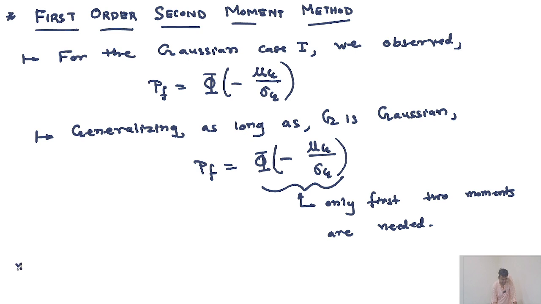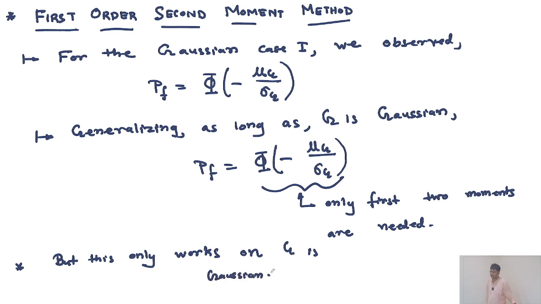But this only works when G is Gaussian. This only works when G is Gaussian. For a generic real world problem, my limit state function will be of the form g of X, where X is my generic random variable.